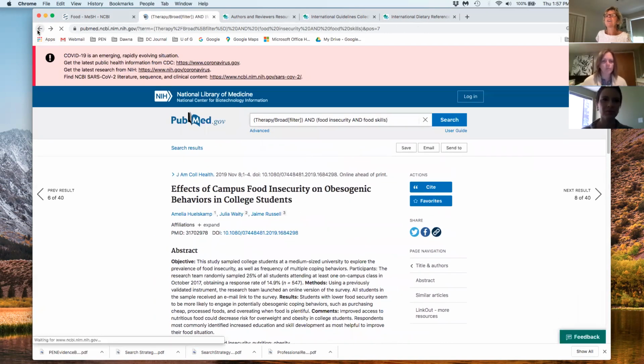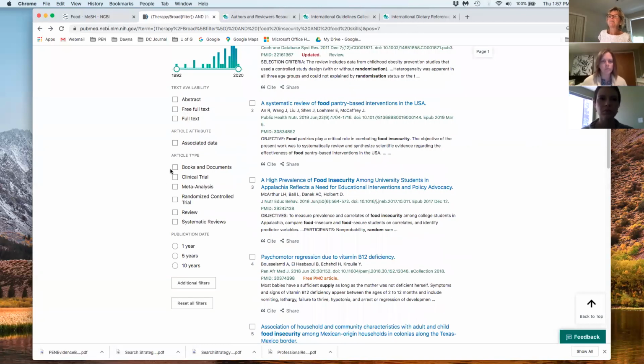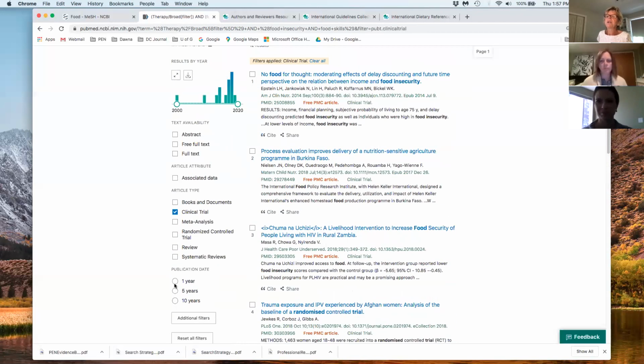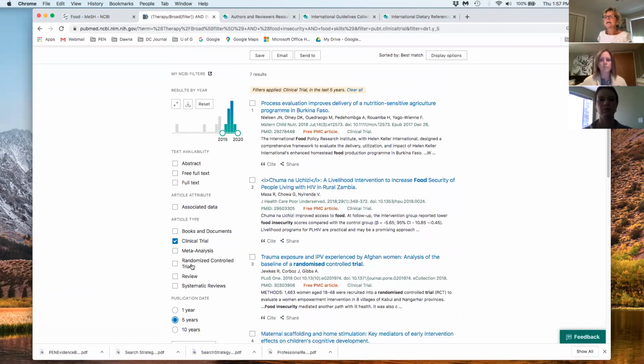When we're listing all of these primary studies together, we can start to only look at those, for example, that are clinical trials or randomized trials. We could look at something that's just in the last 5 years to narrow it down a bit.